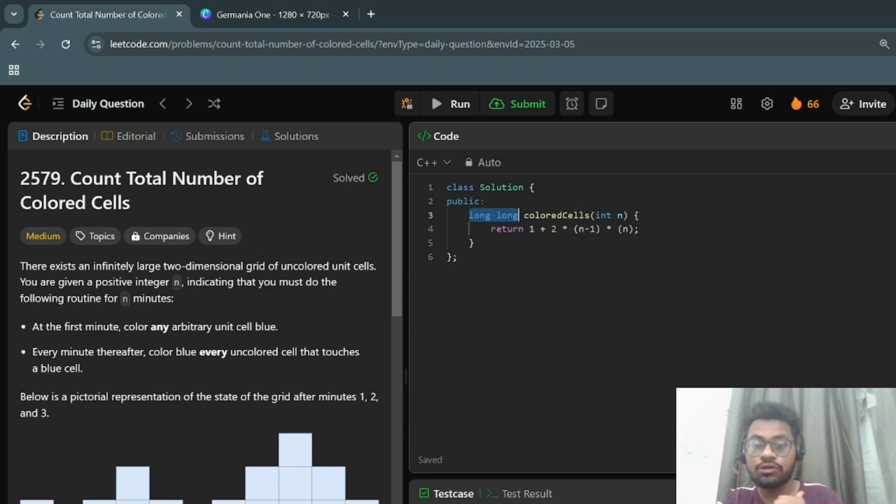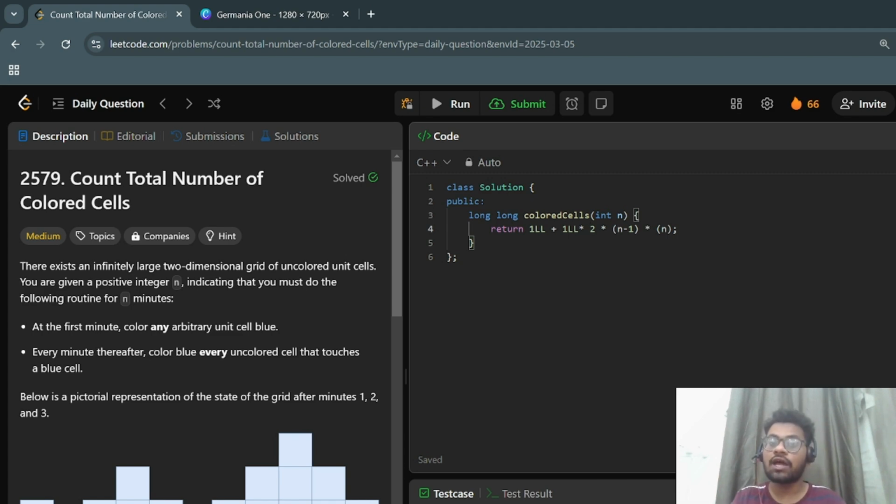To get rid of this edge case, we just multiply with a long here, and here also. As we are multiplying with a long, it will treat it as a long integer. Otherwise we are using arithmetic operations on integers, and the answer returned will be an integer.